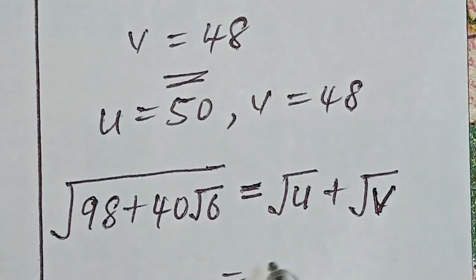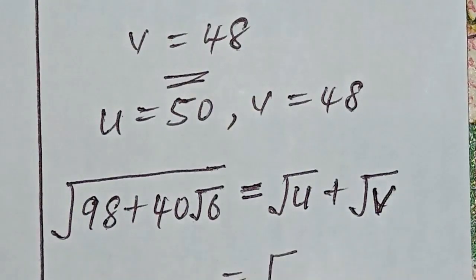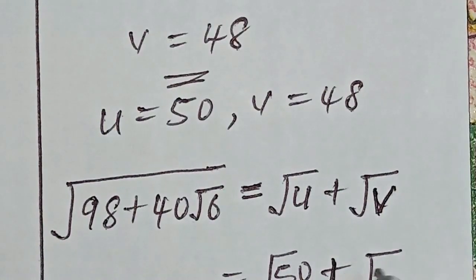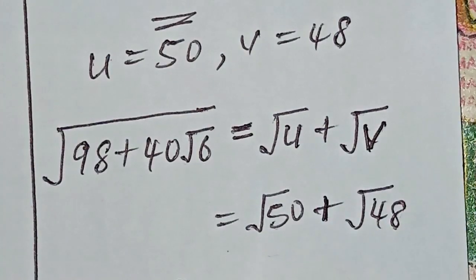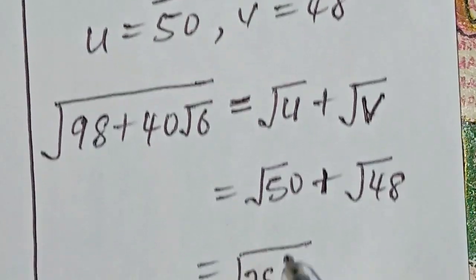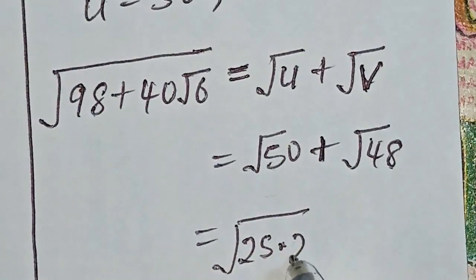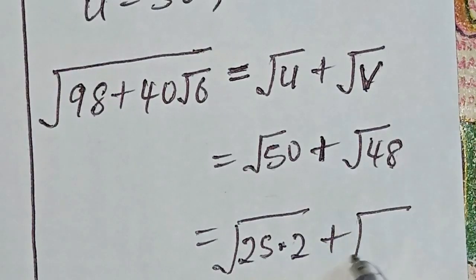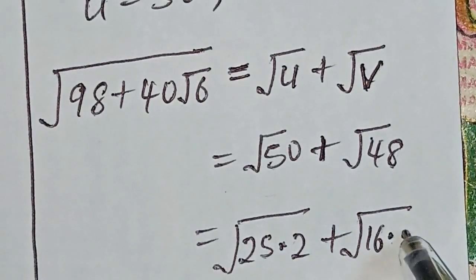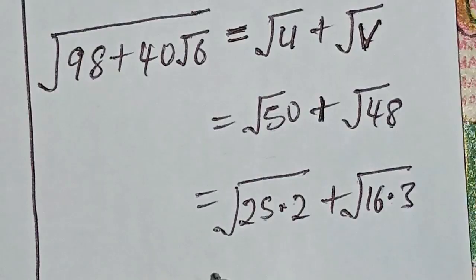Then for u equal to 50 and v equal to 48, we have square root of 50 plus square root of 48, and this can be simplified as square root of 25 multiplied by 2, and square root of 16 multiplied by 3.